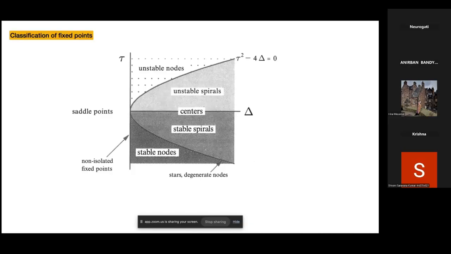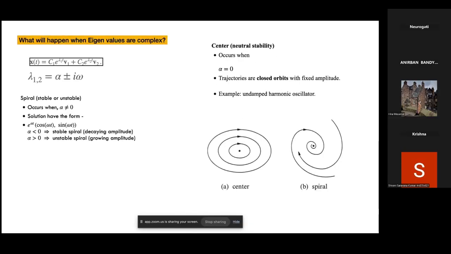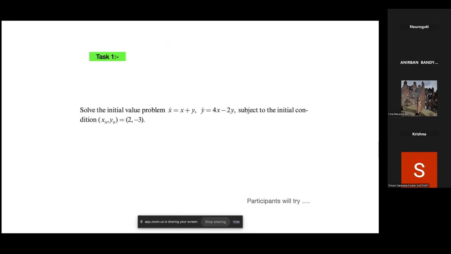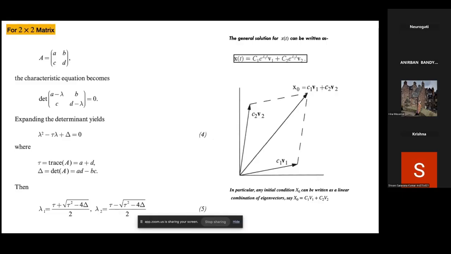There are lots of classifications of the fixed point, and you just calculate tau and del. What are tau and del? We calculated them earlier: tau is the trace of the matrix and del is the determinant of the matrix. We can calculate them simply from a plus d, or from the eigenvalues.